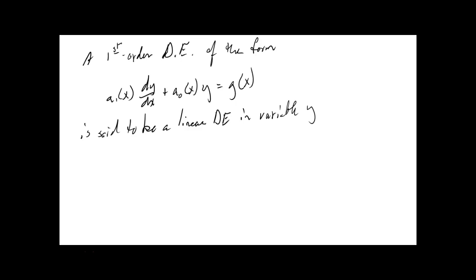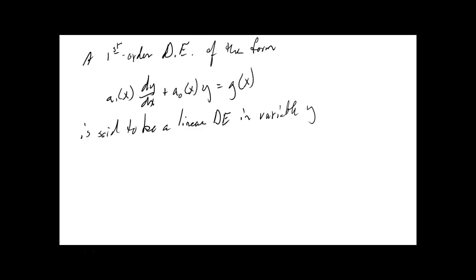You couldn't have, see, this is a coefficient function of x. You can have any function of x here as long as there's no y in it. If there was a y times a dy, that's not linear. Or if there's a, again, this can be any function of x. It can't have any y's in it.